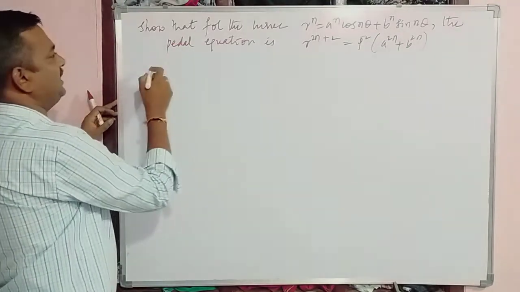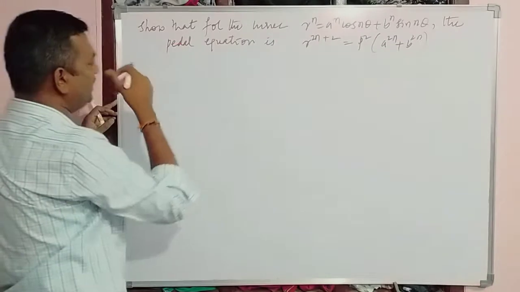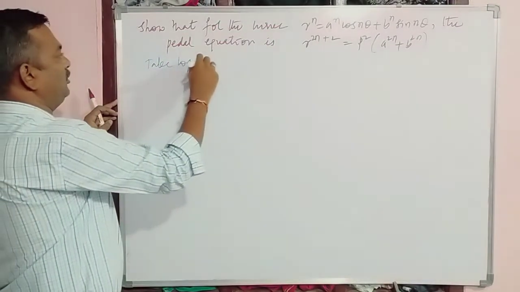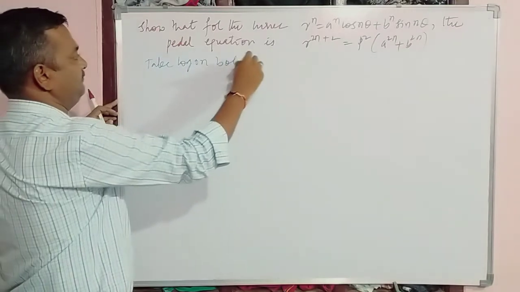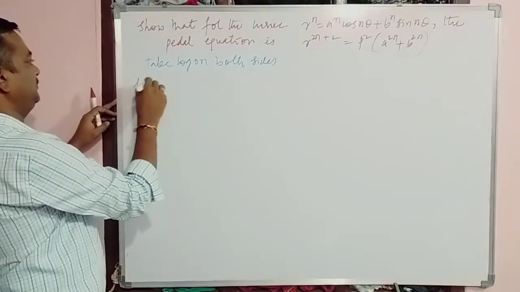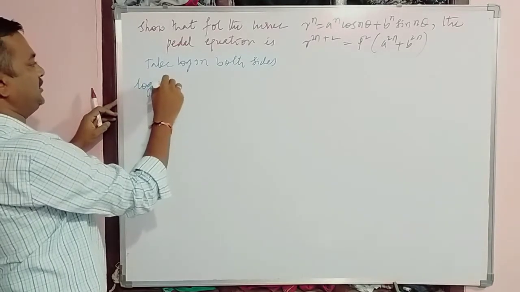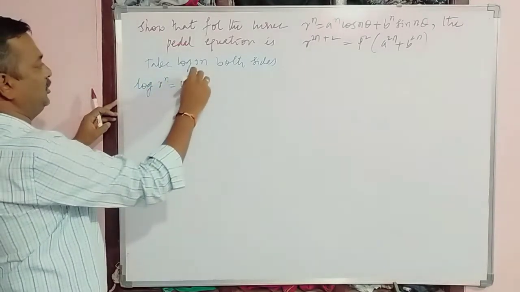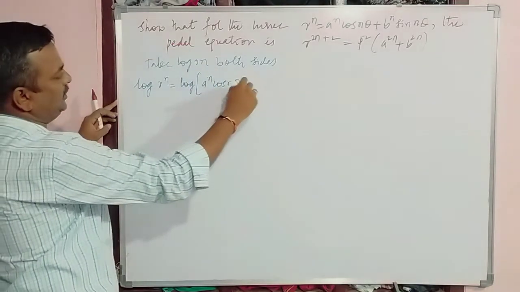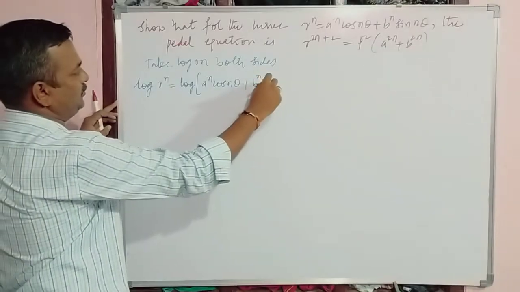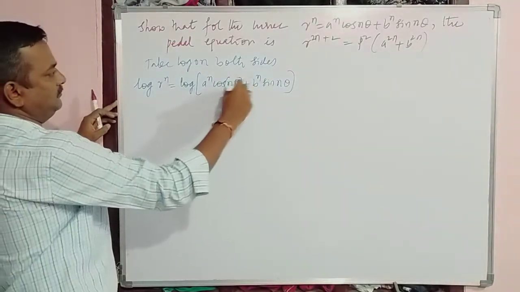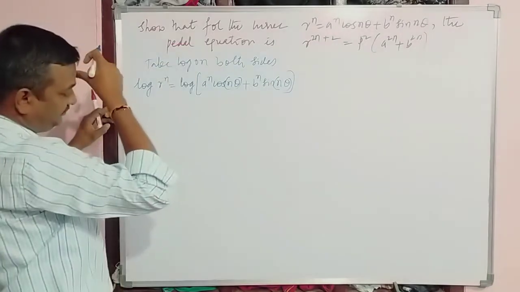Students, you have the curve; take logarithm on both sides. So what we will get? log of r^n is equal to log of (a^n cos nθ + b^n sin nθ).